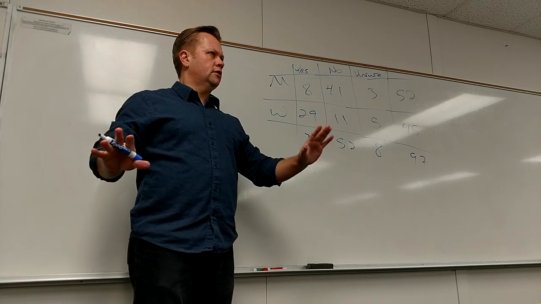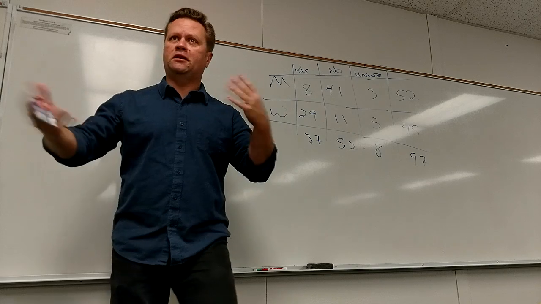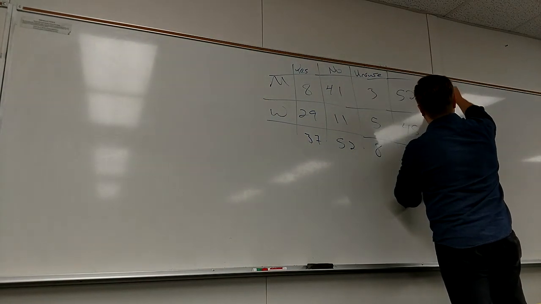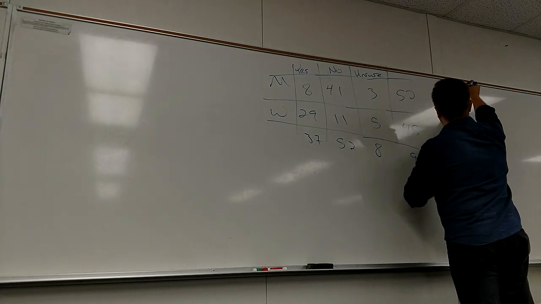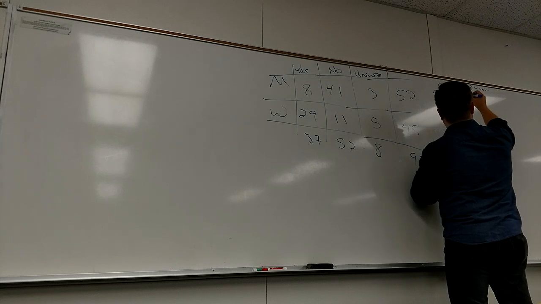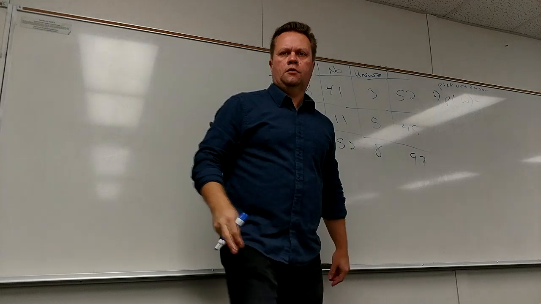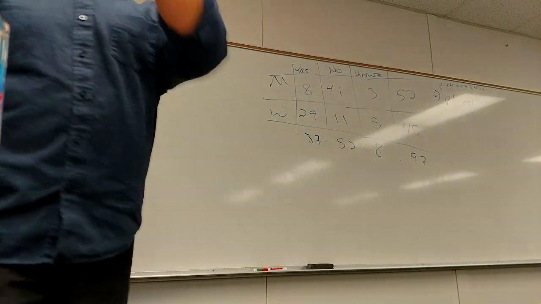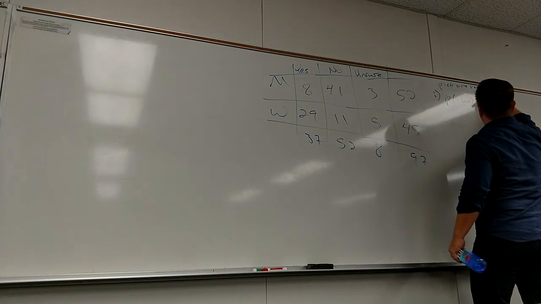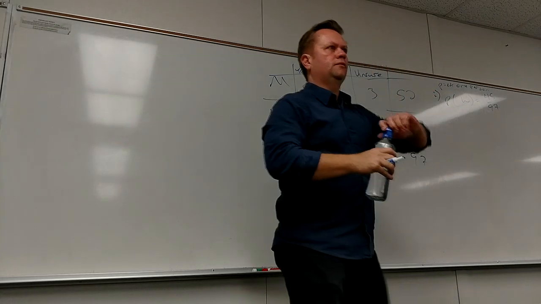Okay, so if you can't work this chart, you're never going to be able to answer the probability questions that I'm going to ask you. I could ask you a question like this. If I pick one person, what's the probability I pick a woman? 45 out of 97. Yeah, 45 women. 45 things that match what I'm looking for out of 97 total things that could happen.